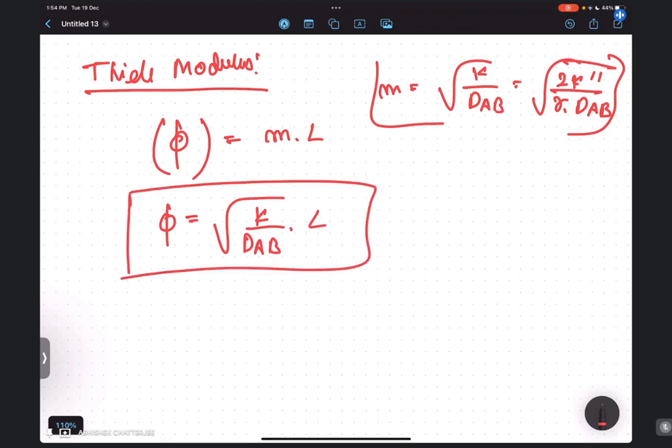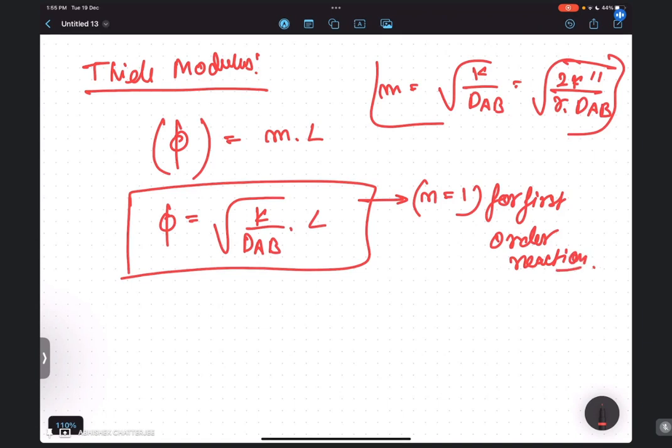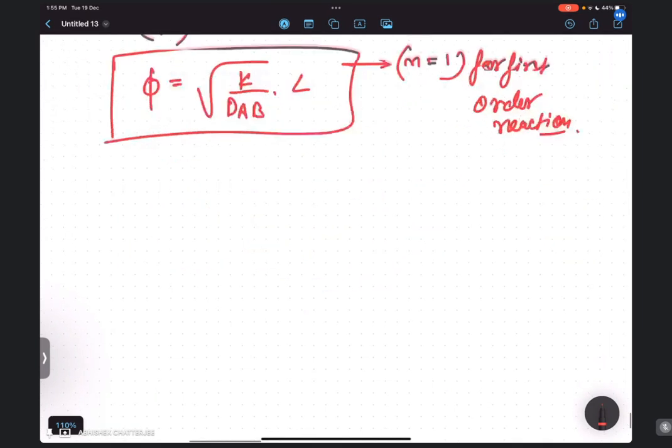Okay. However, please remember that this is only for your first order reaction. If suppose you want to denote it for your nth order reaction, you have to write it separately. So for nth order reaction, write down the formula.